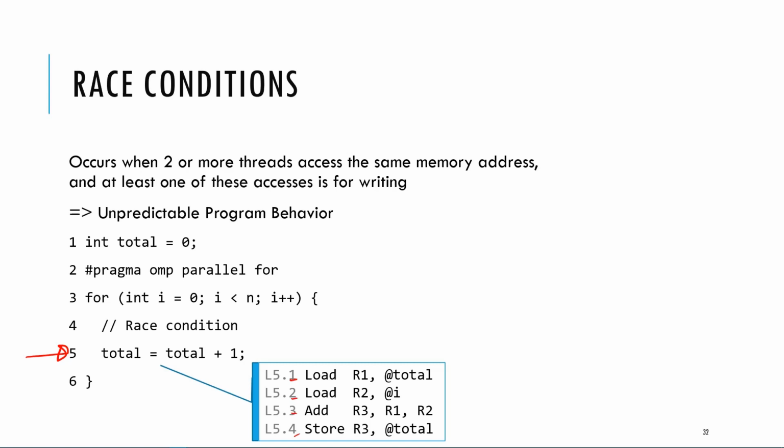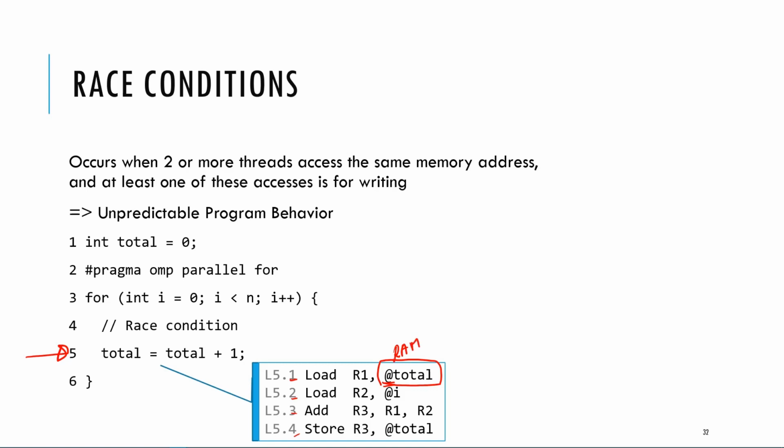For the processor to execute this line of code, it would first load the value of total from the memory by accessing the address of total, using the @ symbol to denote an access to the RAM.